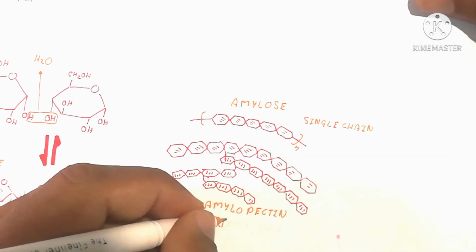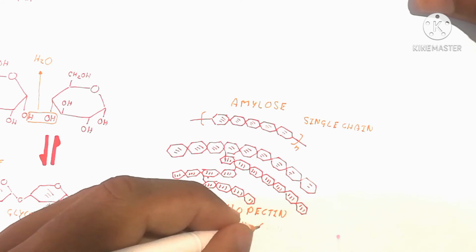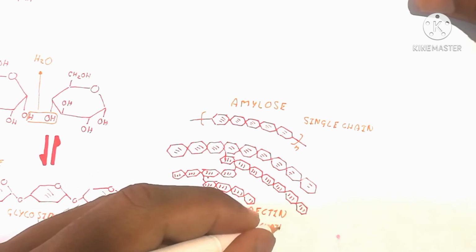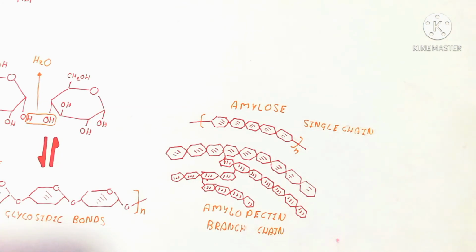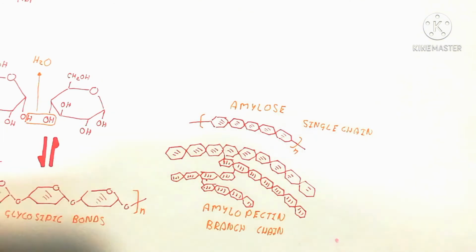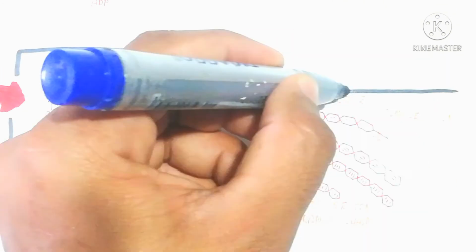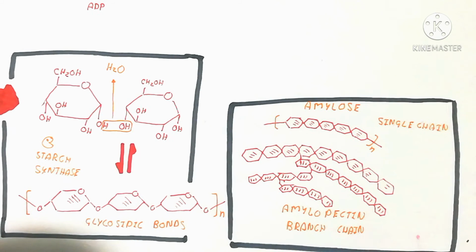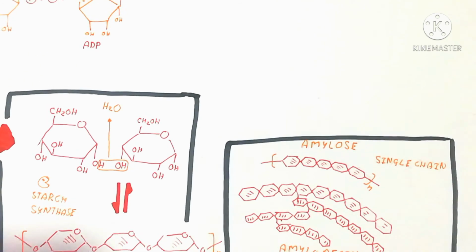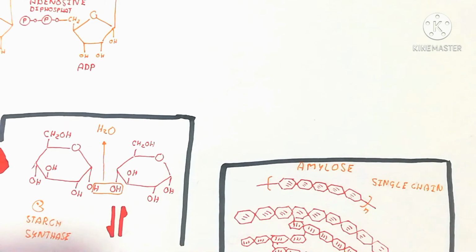So here is the amylopectin, which is in the form of branches, and these branches is basically due to the more further starch synthase enzyme used to make it branches. So these branches are present in the form of fiber like structure. Basically here I will draw a structure of starch, which is also the amylopectin and amylose formation.